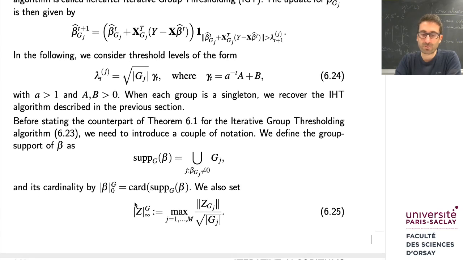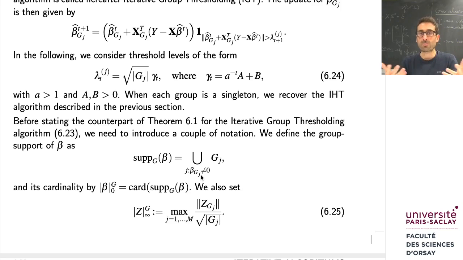We need a couple of notations that will be the counterpart of the quantities that we introduced for iterative hard thresholding. First, what we call the group support of beta is the union of all the groups for which beta is non-zero.